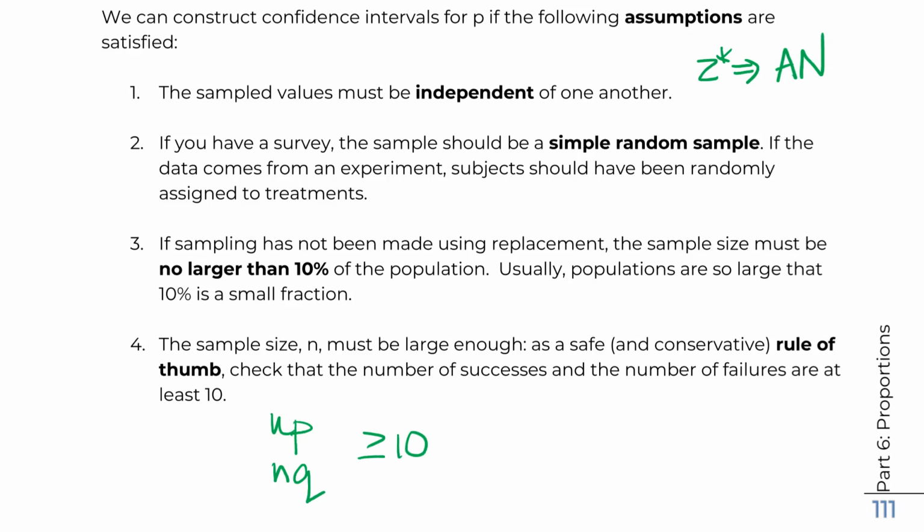So the only difference between the assumptions and conditions necessary to make a confidence interval and those necessary to use the approximate normal in section 6.1 is that now it's going to be p hat and q hat. So instead of the expected number of successes and failures, the observed number of successes and failures must be at least 10. So there you go. That's everything you need to create a confidence interval.